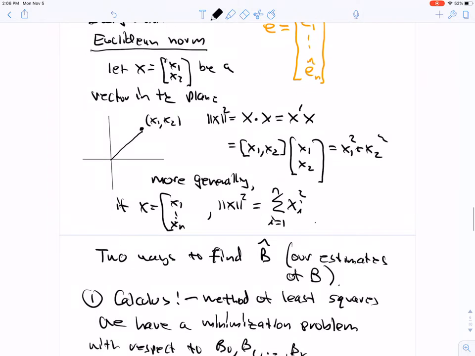Just to review what the Euclidean norm is, if x is (x1, x2), a vector point in the plane, then the Euclidean norm squared is the dot product of x with itself, or x transpose x. So it's x1 squared plus x2 squared. And more generally, if x is (x1, ..., xn), then the Euclidean norm squared is the sum of the squares.